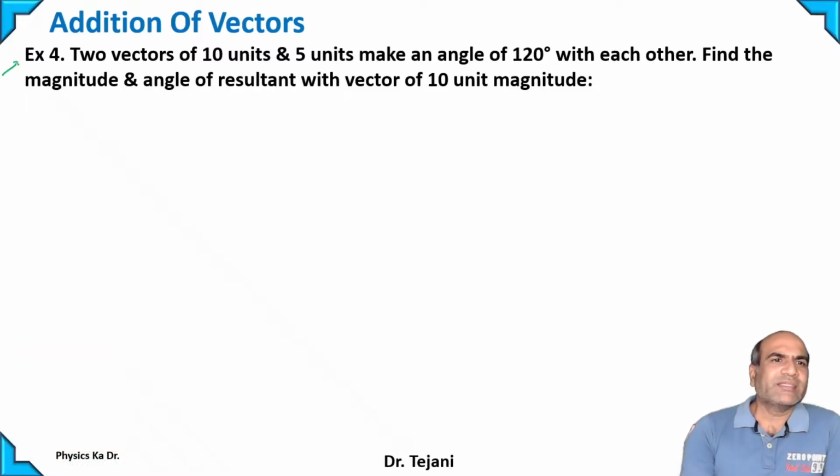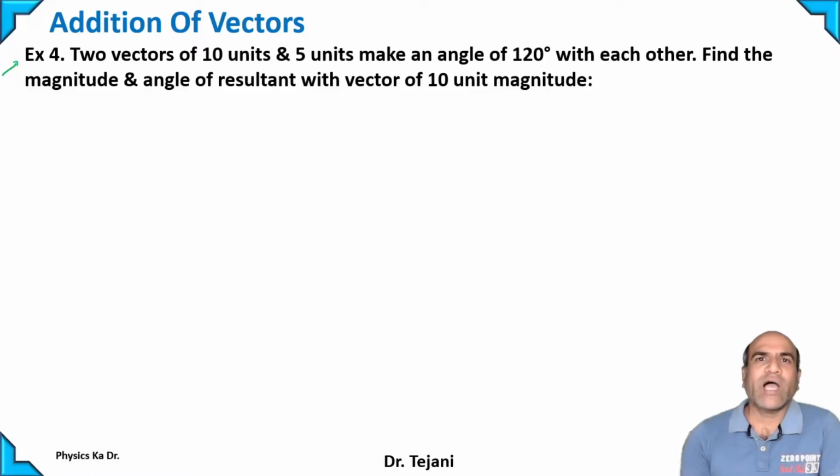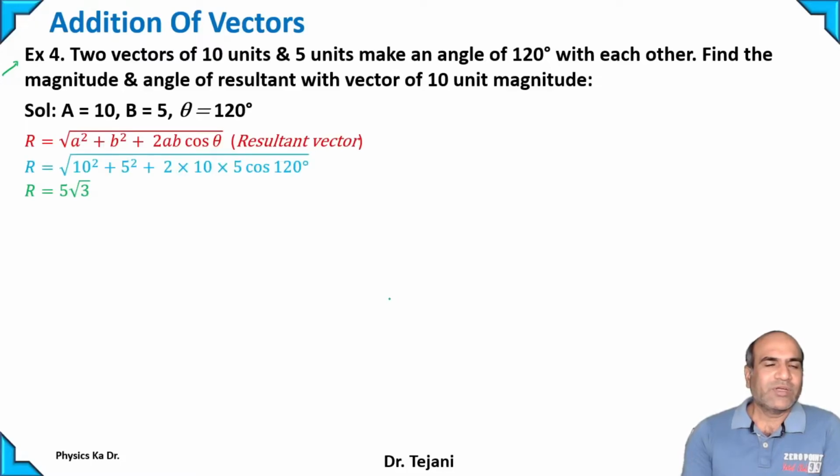Example: two vectors of 10 units and 5 units make an angle of 120 degrees with each other. Find the magnitude and angle of the resultant. We know the given data: A is equal to 10, B is equal to 5, theta is equal to 120 degrees. Put in the equation R equals the root of A square plus B square plus 2AB cos theta.